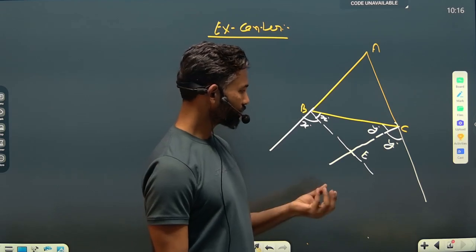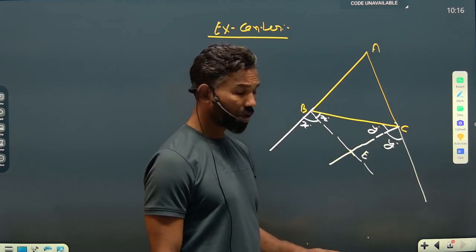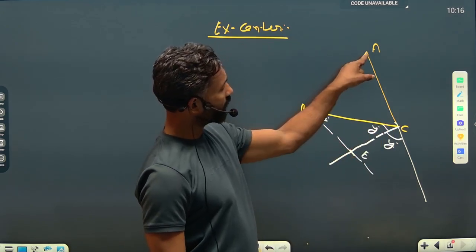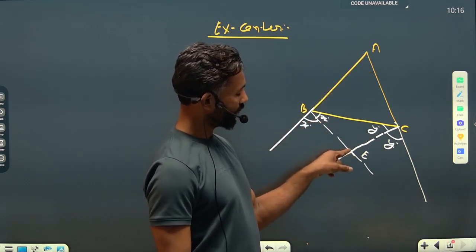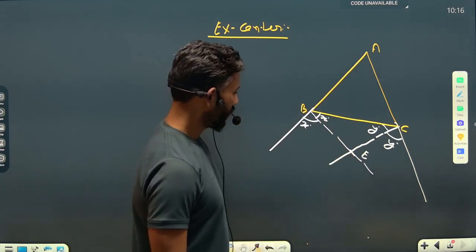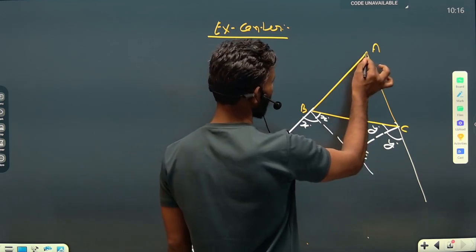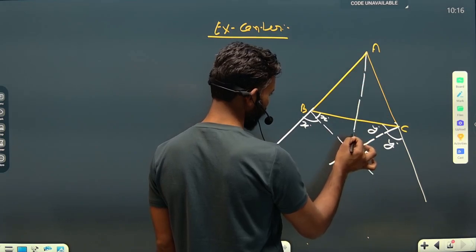I mean to say, exterior angle bisectors of angle B and C intersect at point E. If you draw the interior angle bisector of angle A, that is also going to intersect at the same point E. Understand that? So I am drawing the interior angle bisector of angle A, that will also intersect at the same point E.